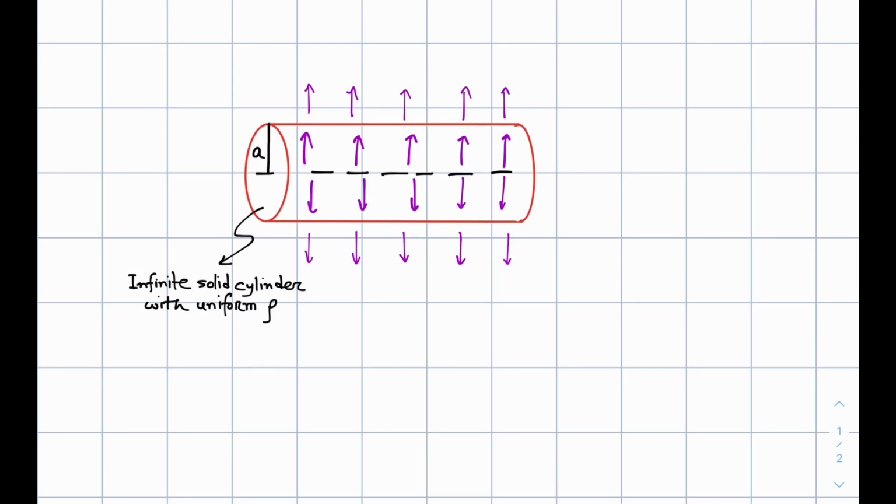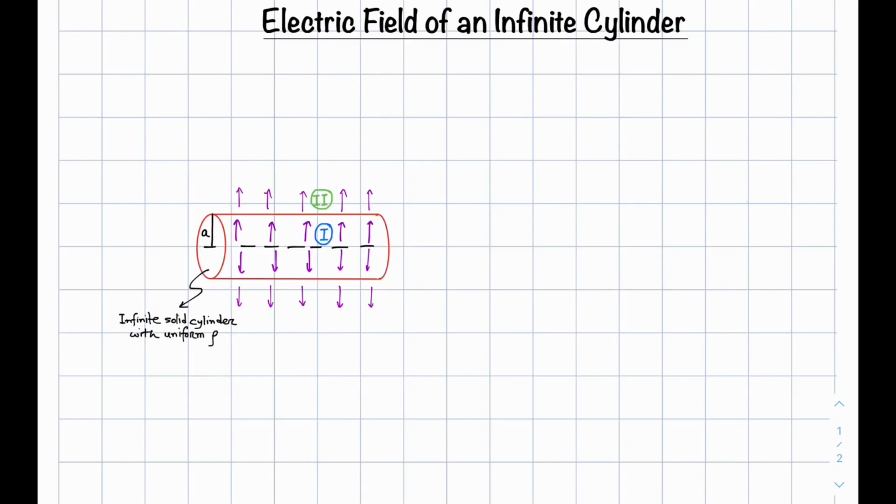Now, to find the electric field due to this infinite solid cylinder, we have to consider the segment inside the cylinder and the segment outside the cylinder separately. Let us denote the segment inside the cylinder as segment 1 and the segment outside the cylinder as segment 2.